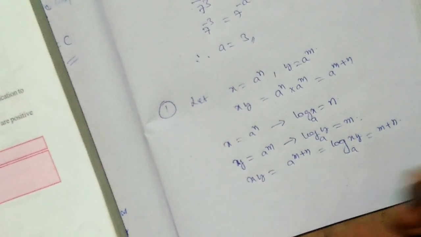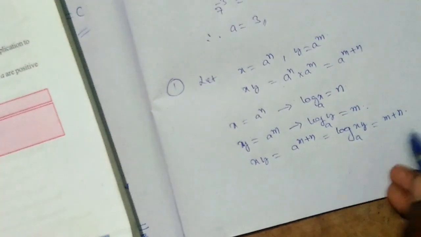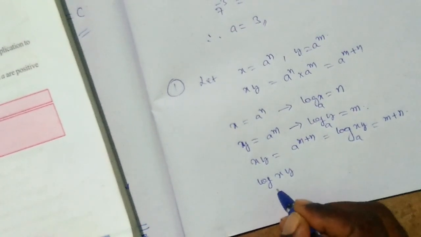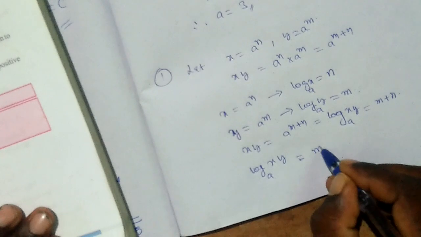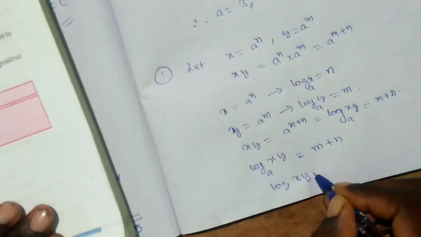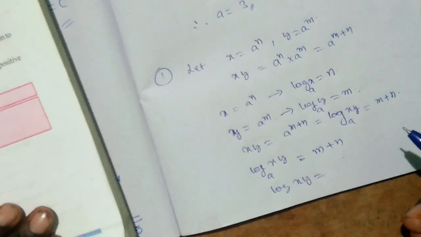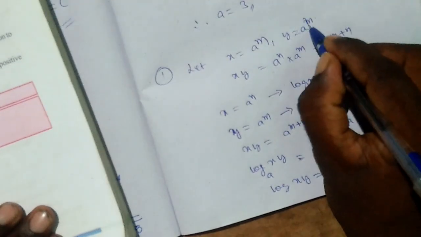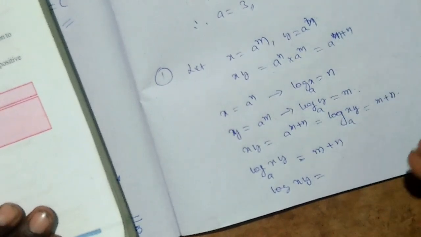So from this, log xy base a is equal to m plus n. Sorry, it is m, it is n.